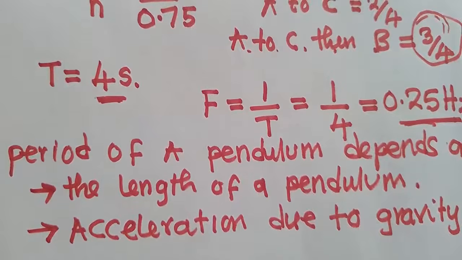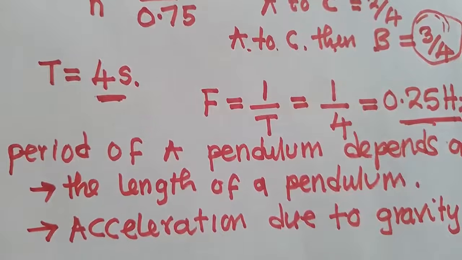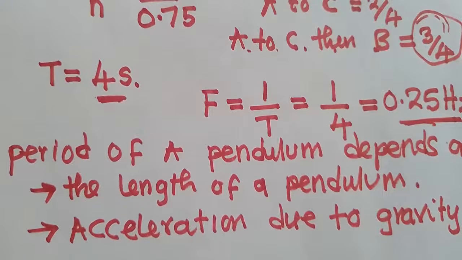If a question comes asking you to give two factors that affect the period of a pendulum, these are the two factors you need to put. One, the length of a pendulum. Two, acceleration due to gravity.